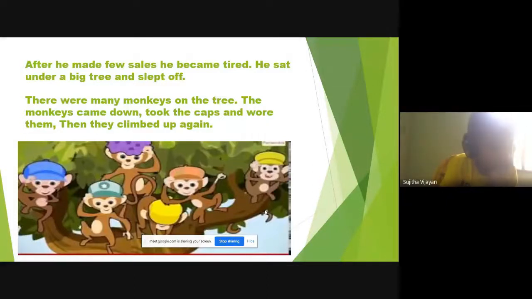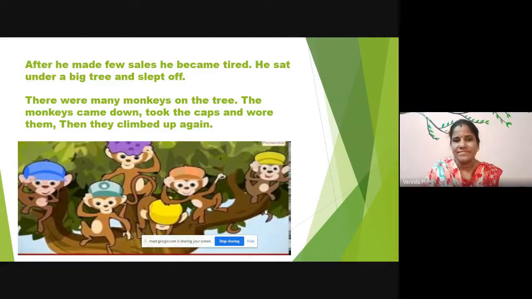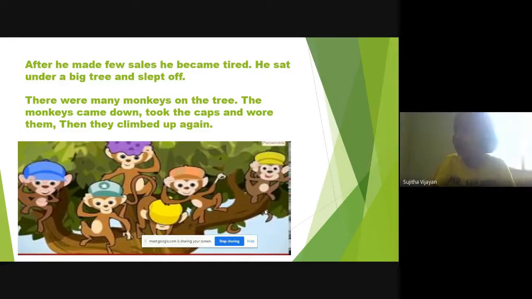The monkey came down to pick up and throw them. Then they climbed up.